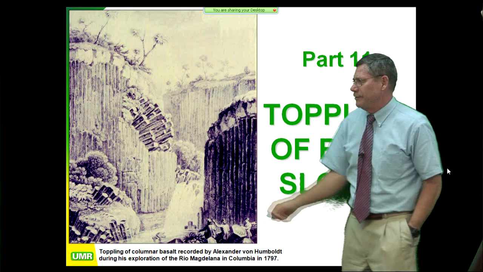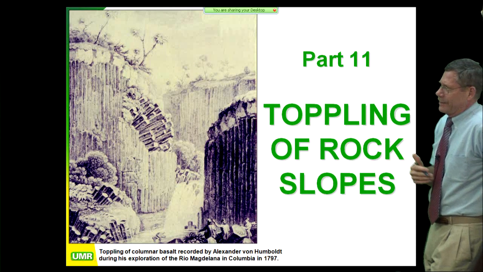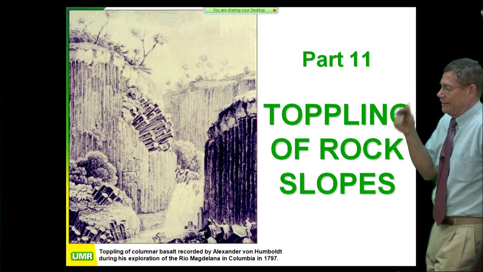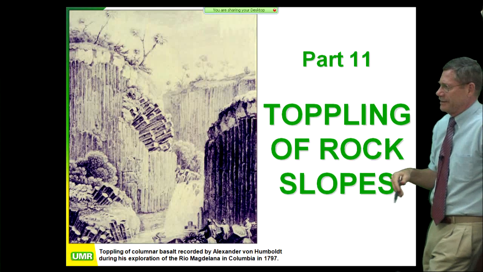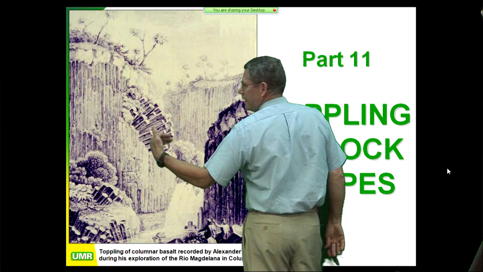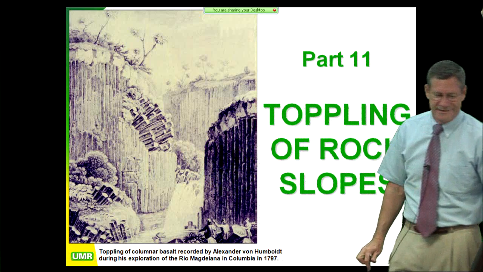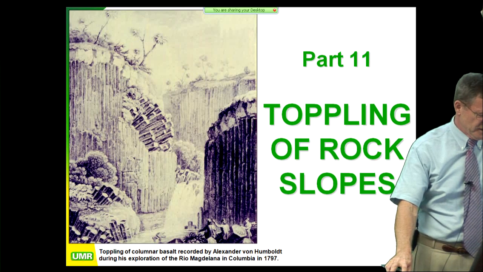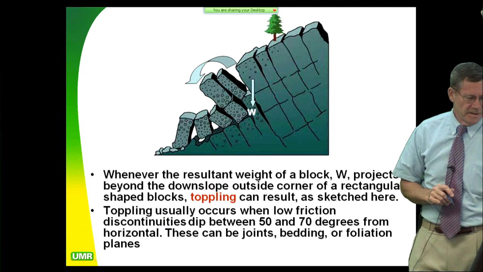I was working in the Rio Magdalena on hydroelectric power project dams when I was in graduate school for the Republic of Colombia Hydroelectric Authority, and I went back and looked through von Humboldt's original materials and found these are columnar basalts. And he actually faithfully drew this toppling failure in there several hundred years sooner. He was the first European that went in there on scientific expeditions. And of course the Humboldt River is named after him as well.